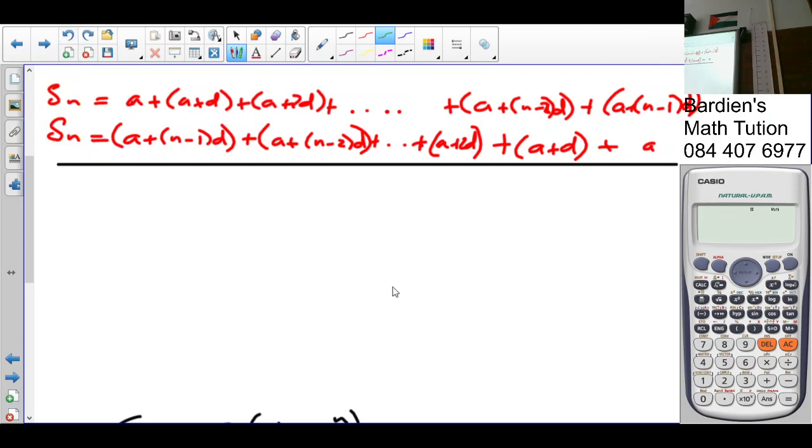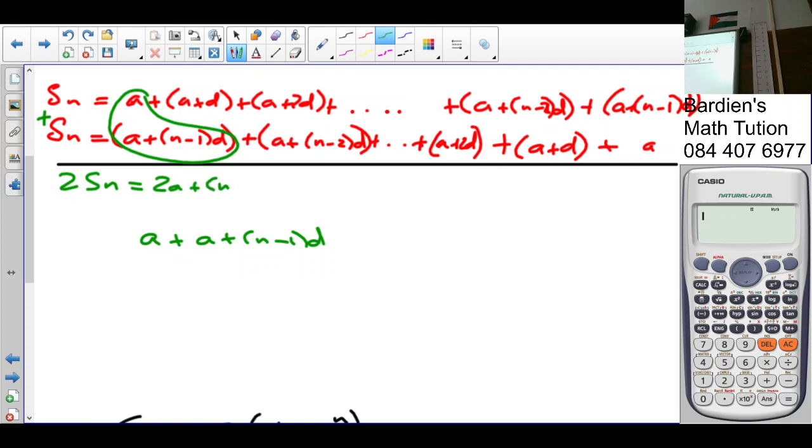2Sn. Remember, we're going to add these, so it's going to be 2Sn. So we add those two terms. What is a plus a plus (n minus 1)d? It will be 2a plus (n minus 1)d. I'm going to put a square bracket because I see you've got the round bracket.